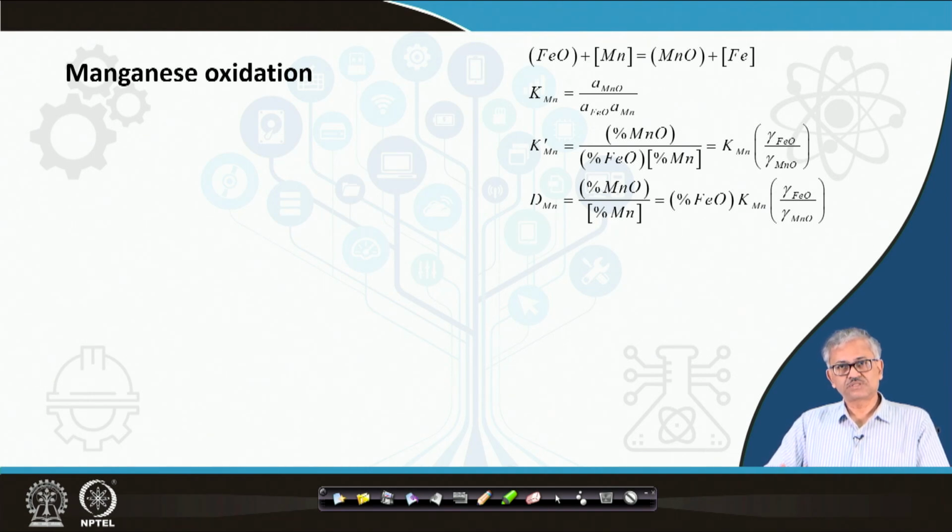Because lime is a strong basic oxide, it can easily form compounds with the silica as well as P2O5, and they can be retained in the slag without their reversion into the liquid metal.